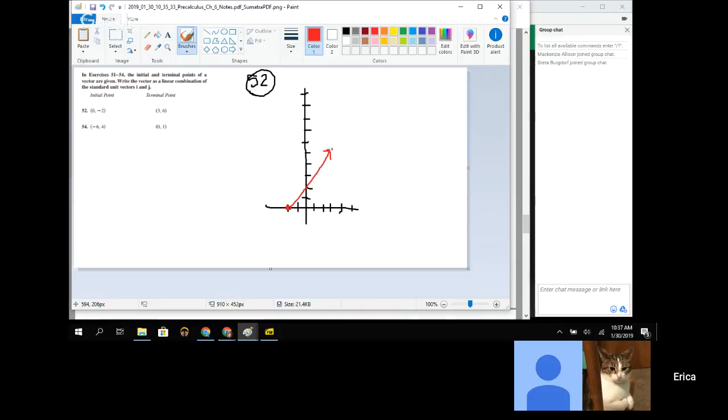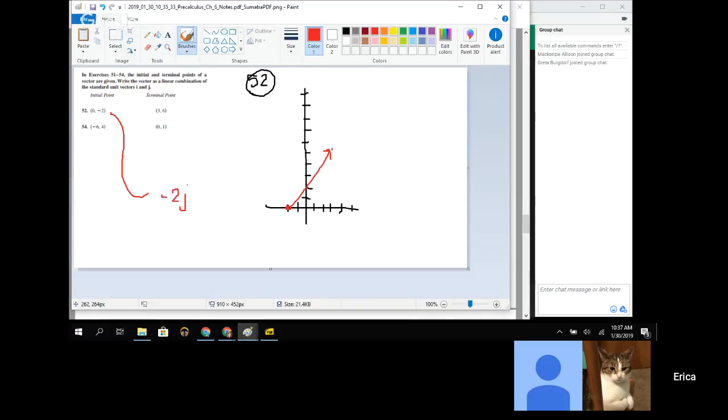So basically what you're going to do is convert these initial points and terminal points to i and j. Remember, i is like your x and j is like your y. So your initial point, 0, -2, is just going to become -2j.